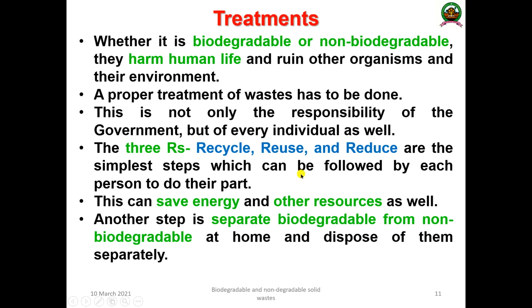These are the simplest steps and the motto of waste treatment in all solid waste systems. This can save energy and other resources as well. Another step is to separate biodegradable waste from non-biodegradable waste at home and dispose of them separately and safely.